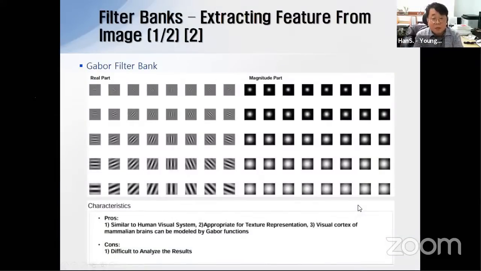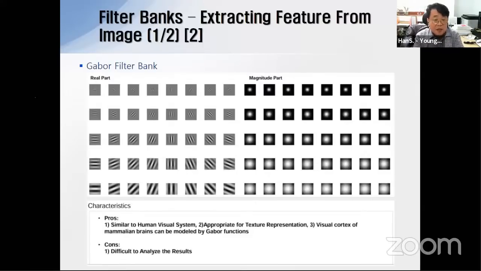Before going to the deep learning approach, we need to examine the filter bank. Usually in feature engineering, I mean extracting features, we conventionally use filter banks. Filter banks have several variations. The most widely used is the Gabor filter bank.